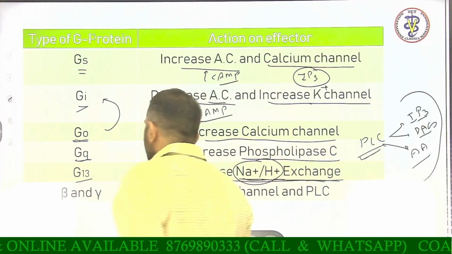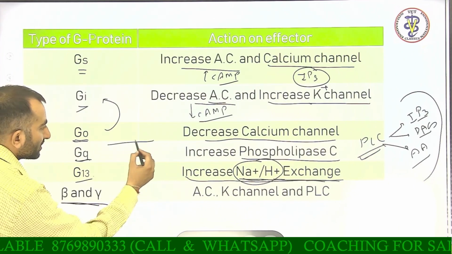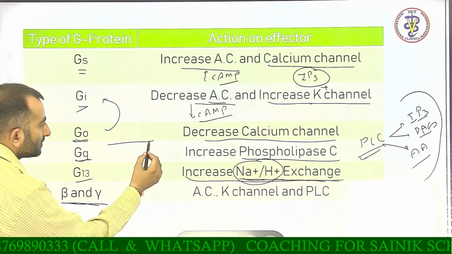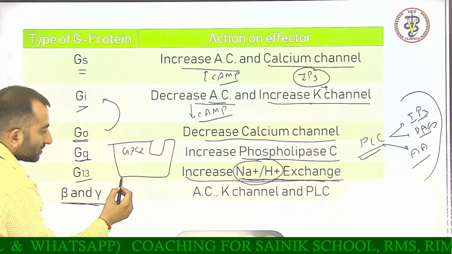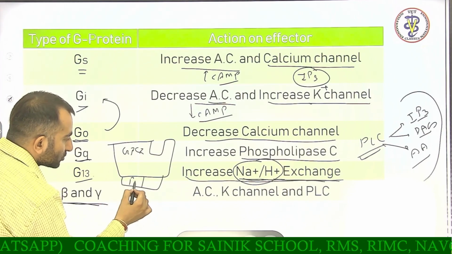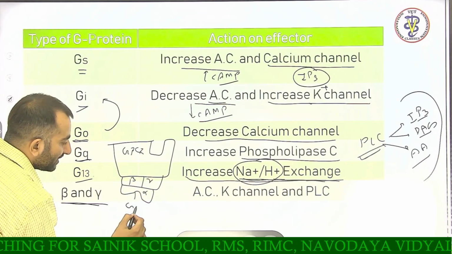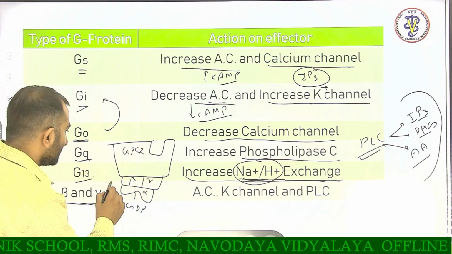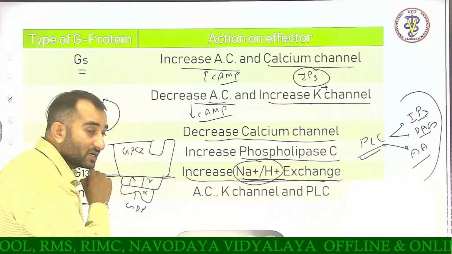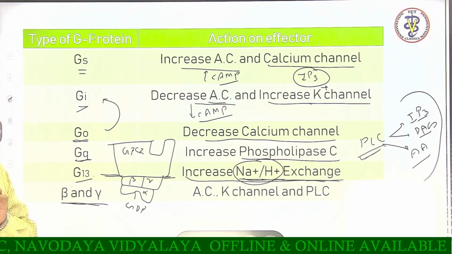And beta and gamma, remember, because in the G protein coupled receptor, they remain associated, and only alpha is movable with the GDP complex. So beta and gamma do not dissociate from the cell surface membrane, they remain associated, but they modulate these channels in a mild amount, not majorly.